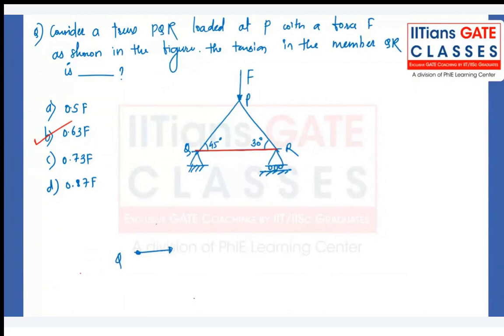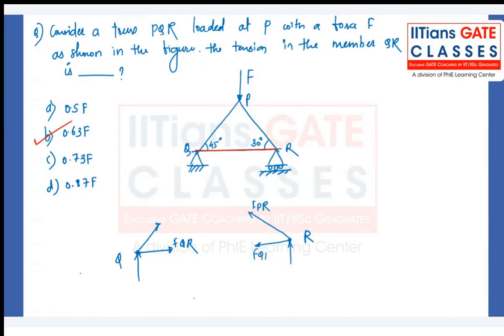If you take point R, same, we have one vertical force, we have one horizontal, that is FQR, which we are supposed to calculate, and we have one force in this direction, that is FPR. Whichever you want, you can take, because in this case, both are similar.